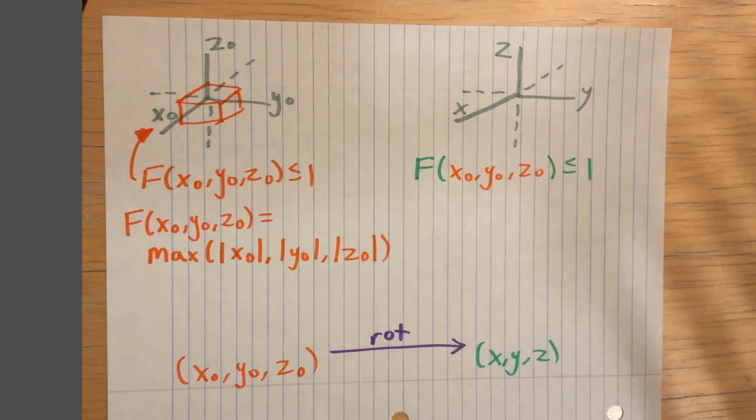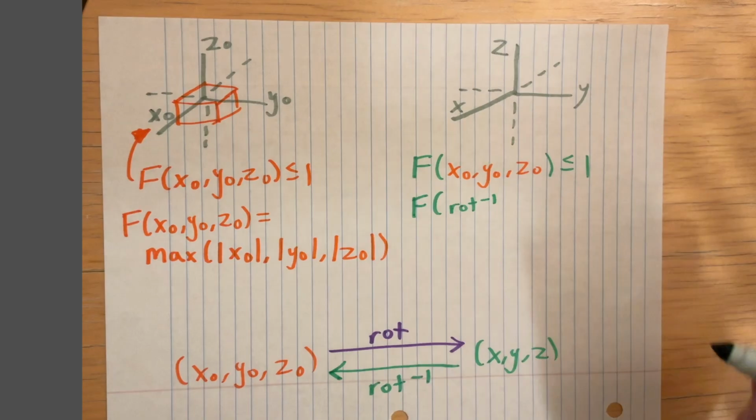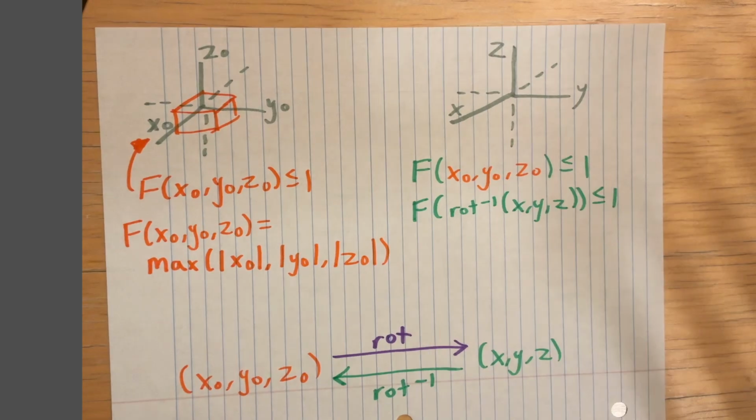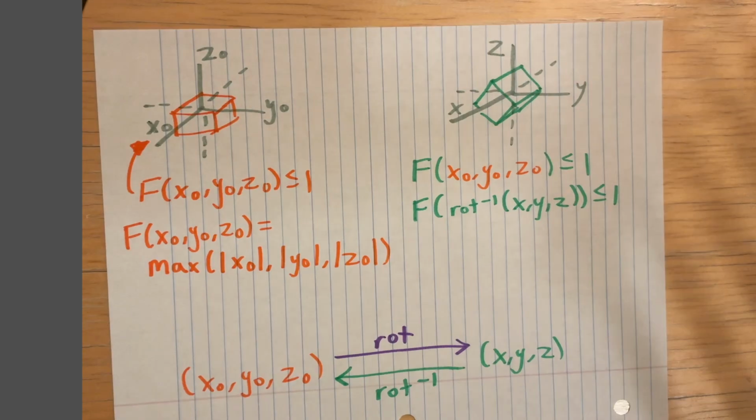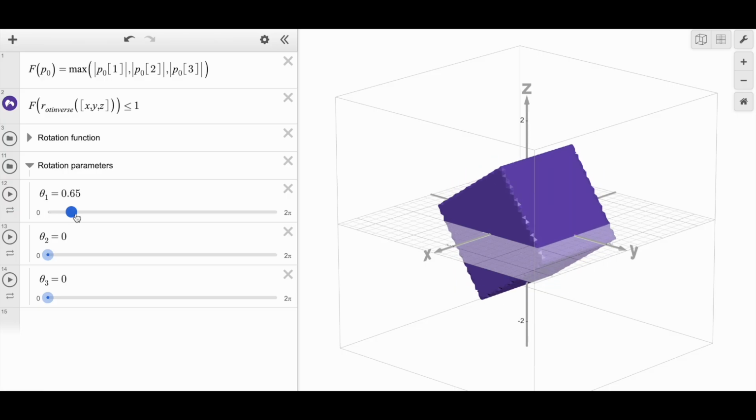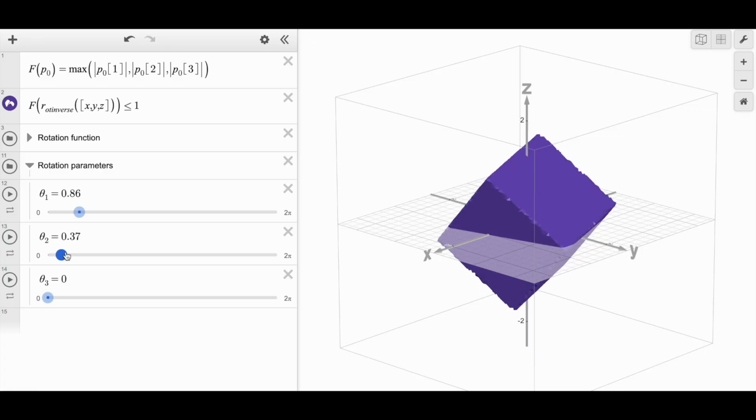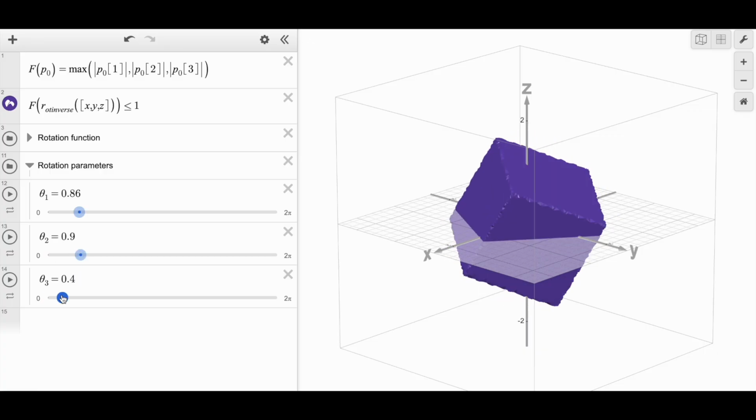In this new coordinate system, let's display the region in which f of x0, y0, z0 is less than or equal to 1. If we define an inverse to the rotation function, the above expression can be defined in terms of xyz as follows. Sure enough, this equality will allow us to display a cube that's rotated about the origin. We can confirm this on Desmos and adjust the rotation parameters as we see fit.